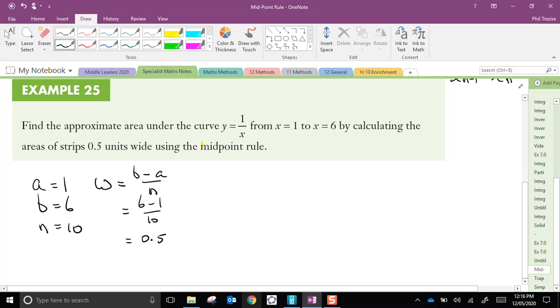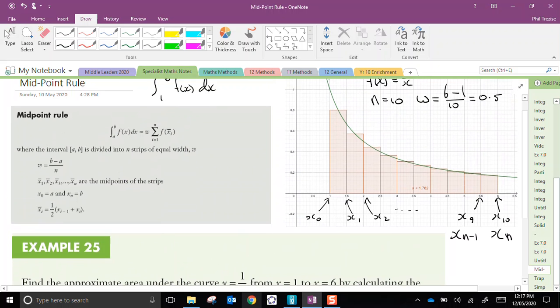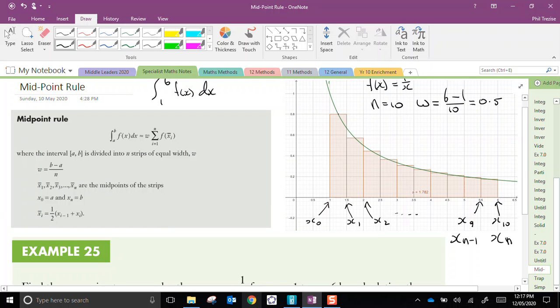Now, what's my formula? Well, the integral from 1 to 6 of my function is approximated by W, the width of the strips, multiplied by the sum. Now what are we looking at? We're looking at the midpoint. So in the first instance, we're looking at halfway between x0 and x1 as an x coordinate to substitute into my function to calculate the height of this rectangle.